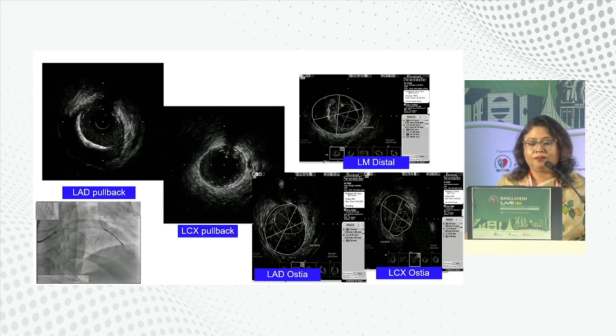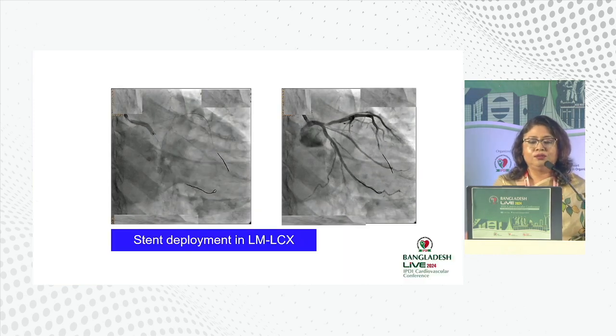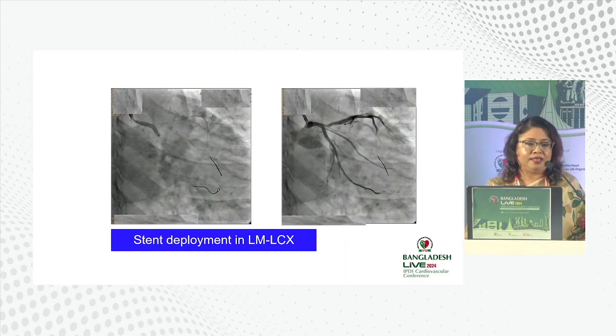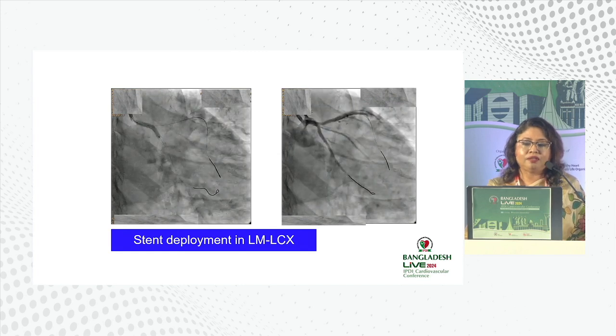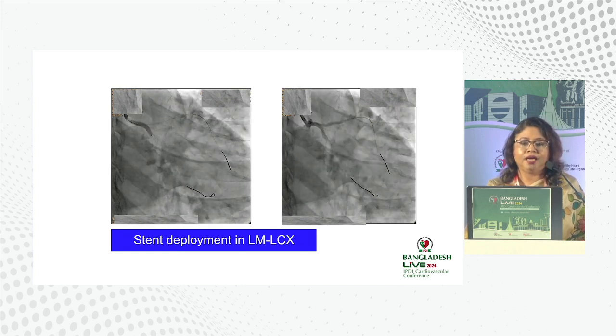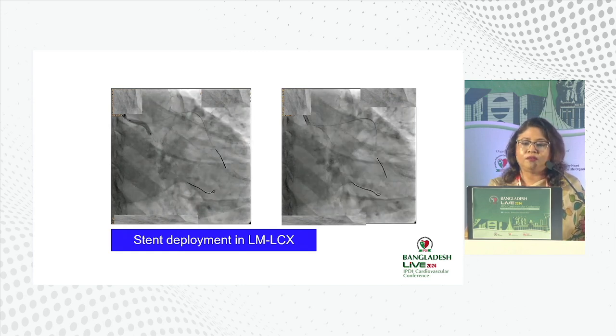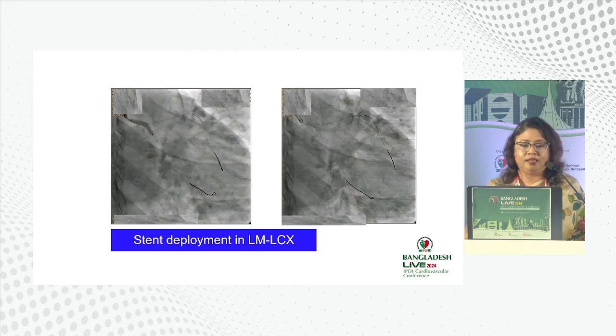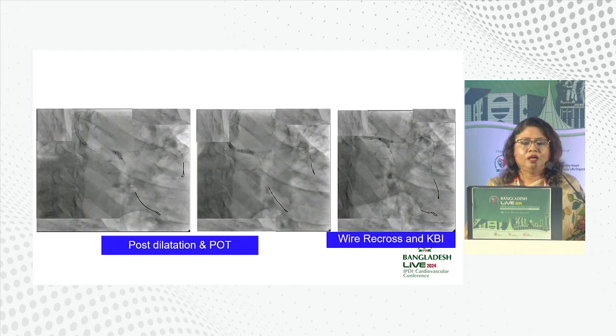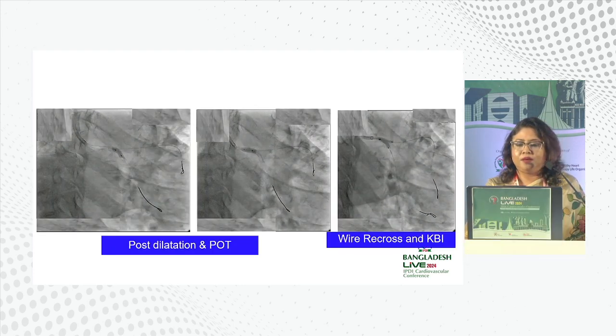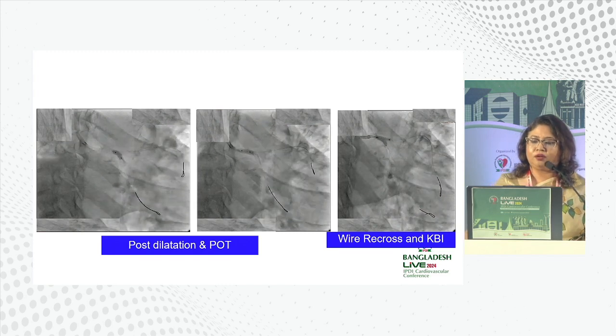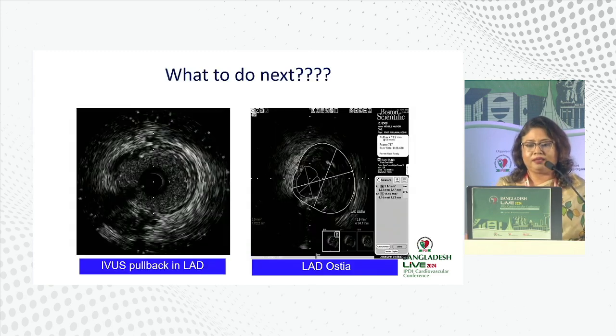So we planned to deploy a stent from LM to LCX. After deploying, you can see there is haziness of the ostioproximal LAD. So we did the post-dilatation and POT, then finally recrossed and KBI was done.